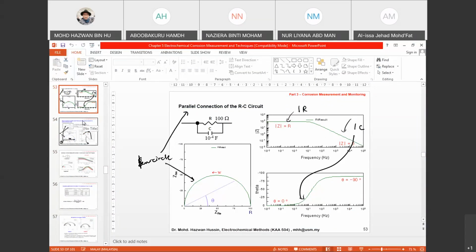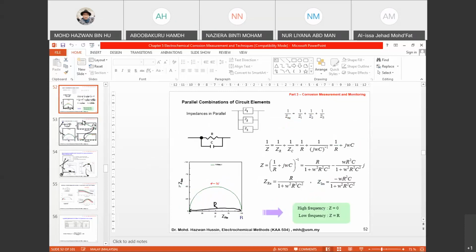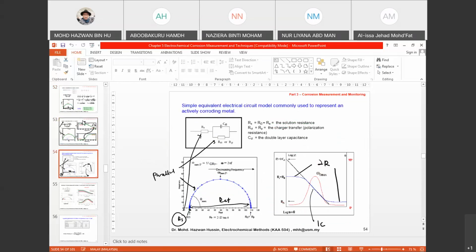This is just to help you understand, and I believe what you have experienced during your practical is actually helping you to understand the process of impedance, what kinds of information that we can interpret, and probably from the data that we obtain, what would be the equivalent circuits that we can use. Based on the data, we are able to interpret electrical components and whatnot.